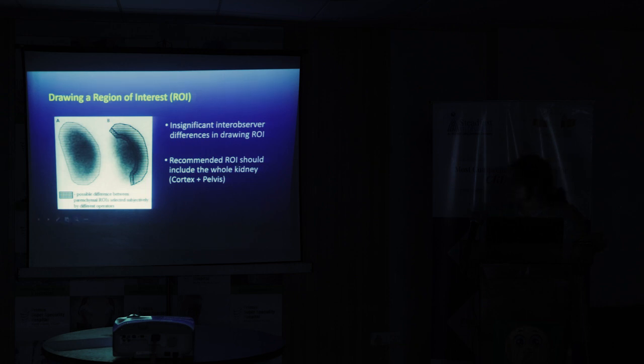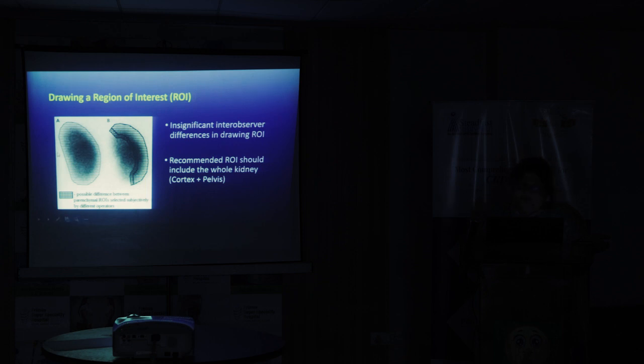So if you look at this is the kidney, okay, and this drawing which has been done is called the region of interest. So we are trying to draw a region of interest and see the dynamics of the counts coming from this region. Once you inject the tracer, initially there will be very high counts coming from this region. Then as the DTPA starts getting excreted from the kidney, the counts will come down.